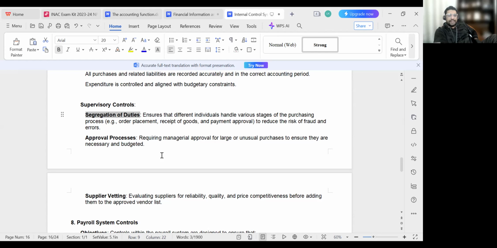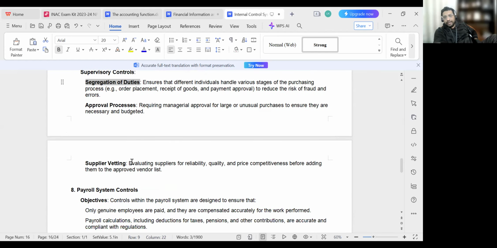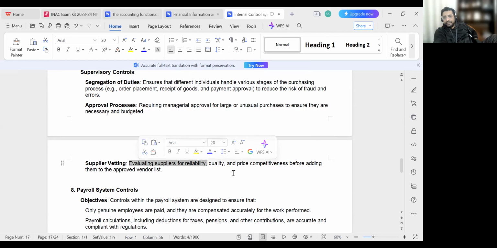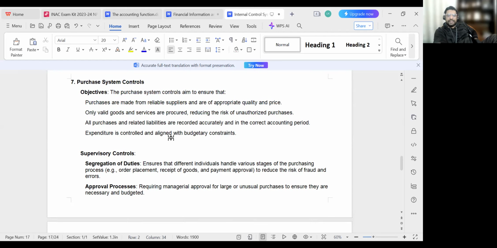The approval process is also used as a supervisory control. And then supplier vetting, so evaluating suppliers for reliability, quality, and price competitiveness. All right. So this is what you do in purchase system.